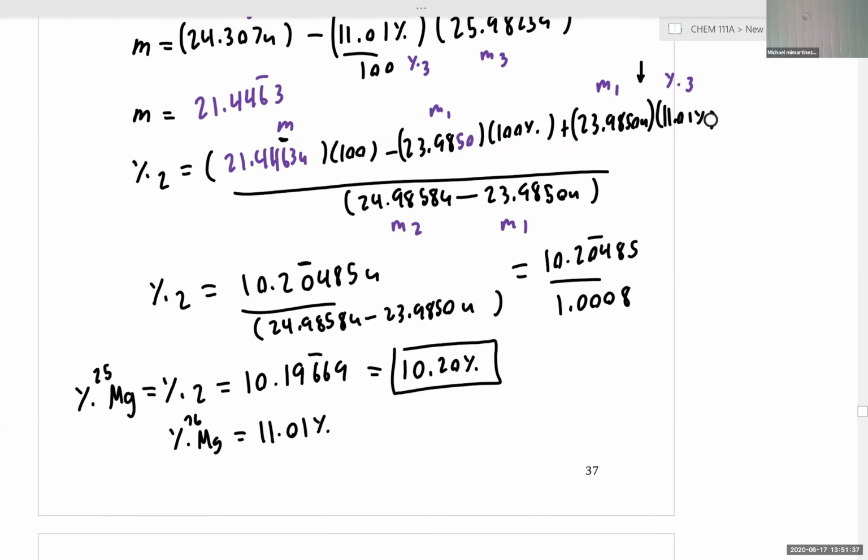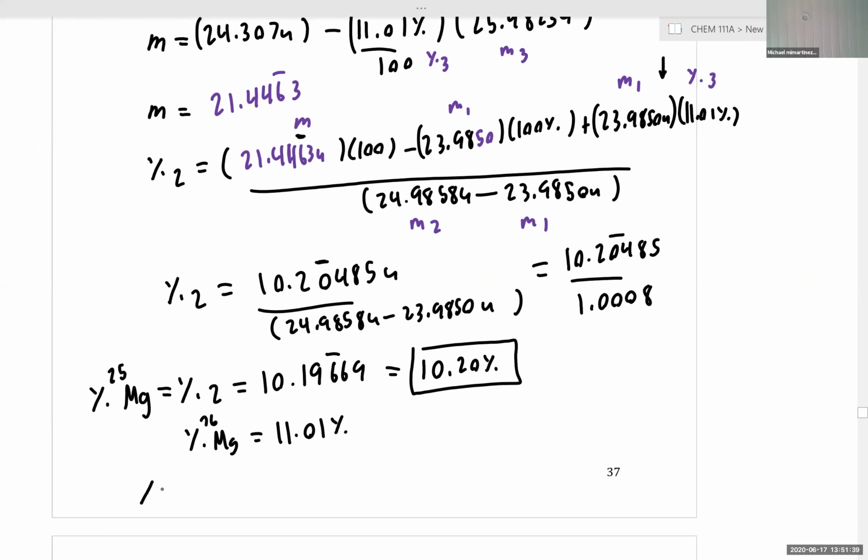Given that all of our percent abundances add to 100, we can solve for the percentage of magnesium 24 by taking 100 minus the percentage of magnesium 25 minus the percentage of magnesium 26. So that in turn gives us 78.79%.